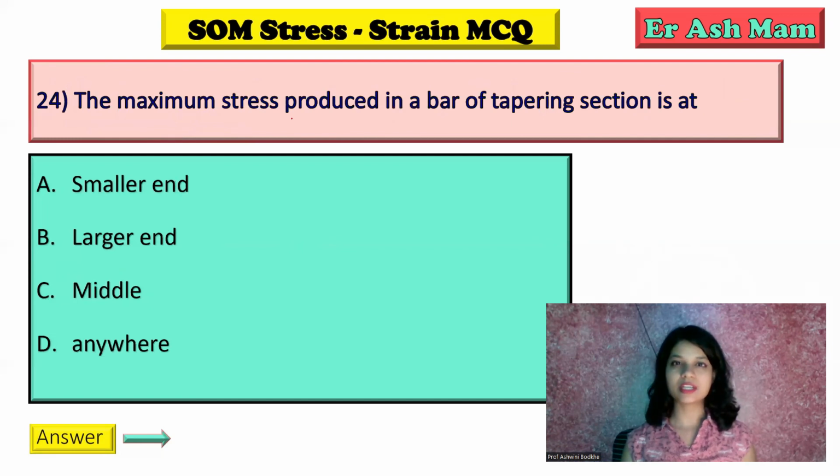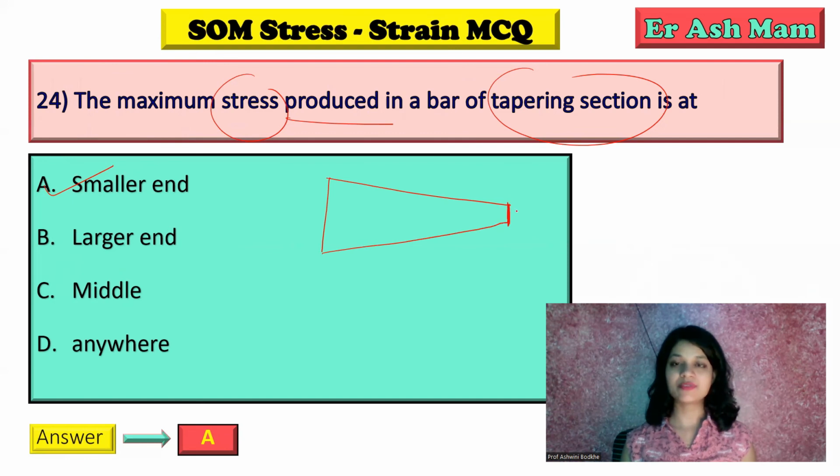Next, the maximum stress produced in a bar of tapering section is at the smaller end. For example, if it is a taper bar, then maximum stress will be produced at the smaller end.